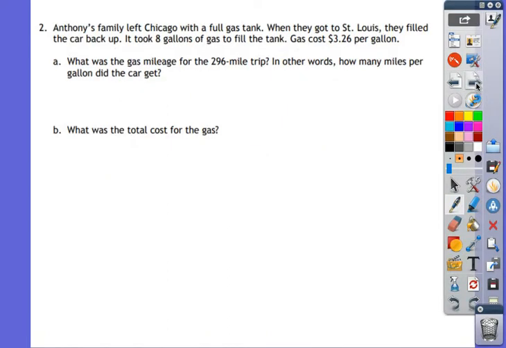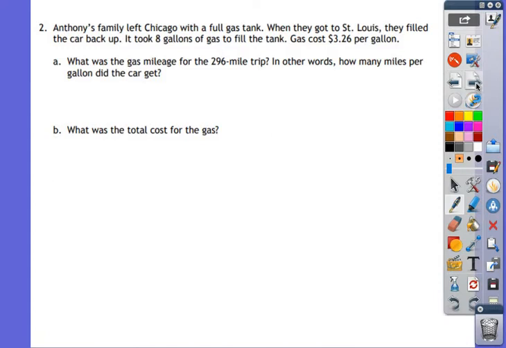And 2 has an A and a B. Problem 2 says, Anthony's family left Chicago with a full gas tank. They got to St. Louis. They filled the car back up. It took 8 gallons of gas to fill the tank. So how much gas did it take them to get to St. Louis? 8.